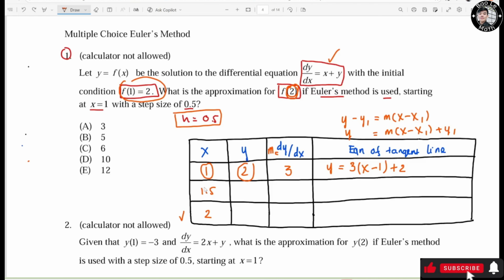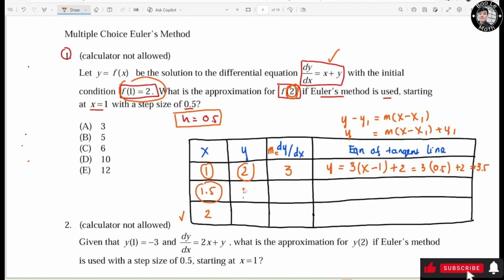Now we substitute 1.5 for x into this equation to find the new y value right here, right? So we have 3 times 1.5 subtract 1 is going to be 0.5, right? Plus 2. So it's going to be 3.5, right?